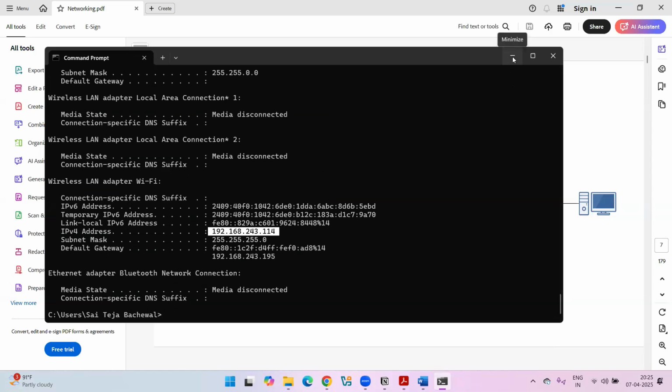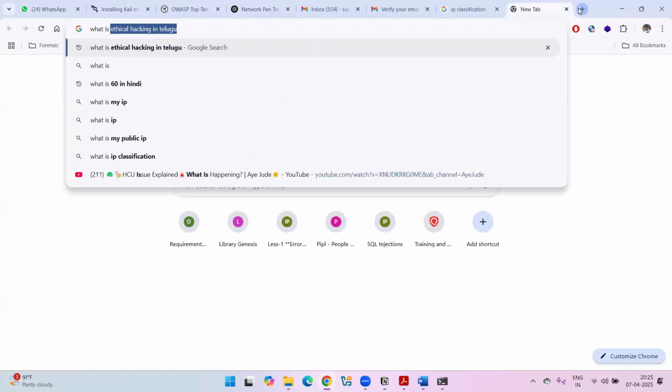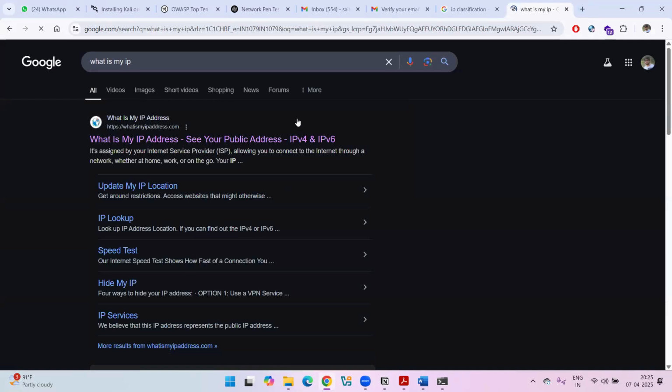Without a public IP address, you cannot communicate, right? So how do I check the public IP address? You go to the browser and type "what is my IP address."